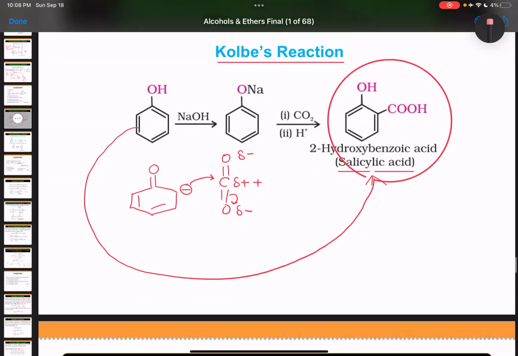Any idea? The reagent is NaOH along with CCl4.